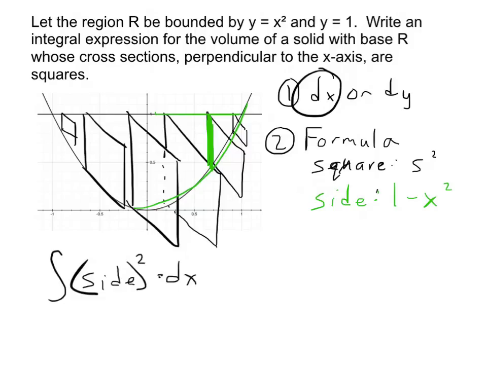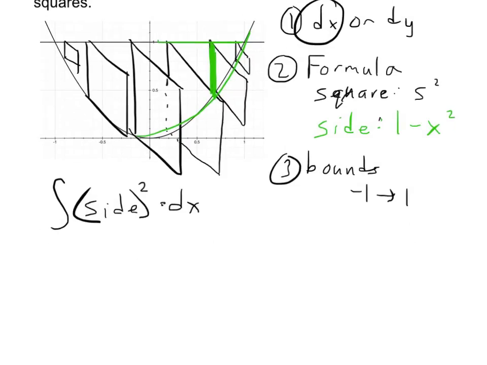The third step that we take is to find bounds. Because this was an x integral, it's going to go from where we started at -1 over to where it ends at +1. So these bounds go from -1 to +1. And step 4 is where we tie it all together. We write the integral.